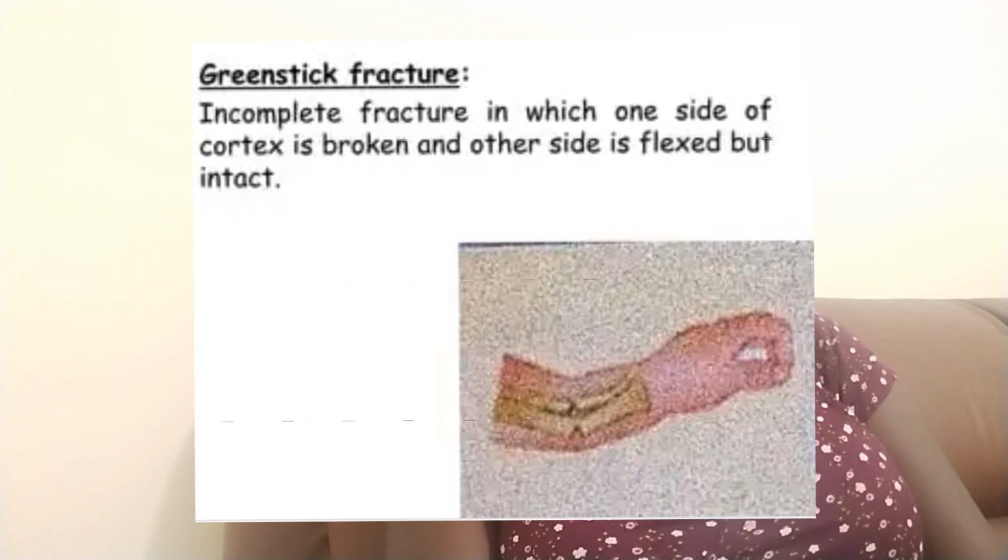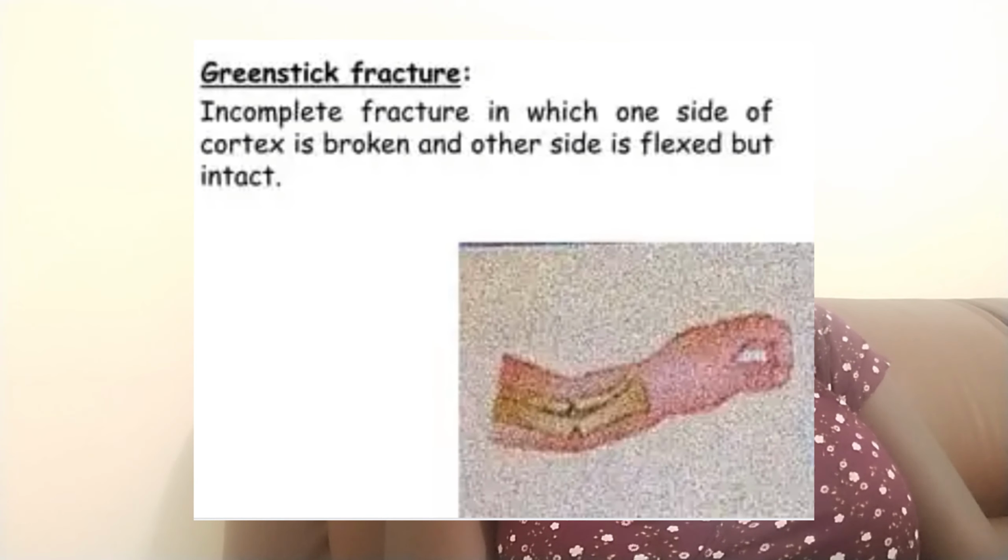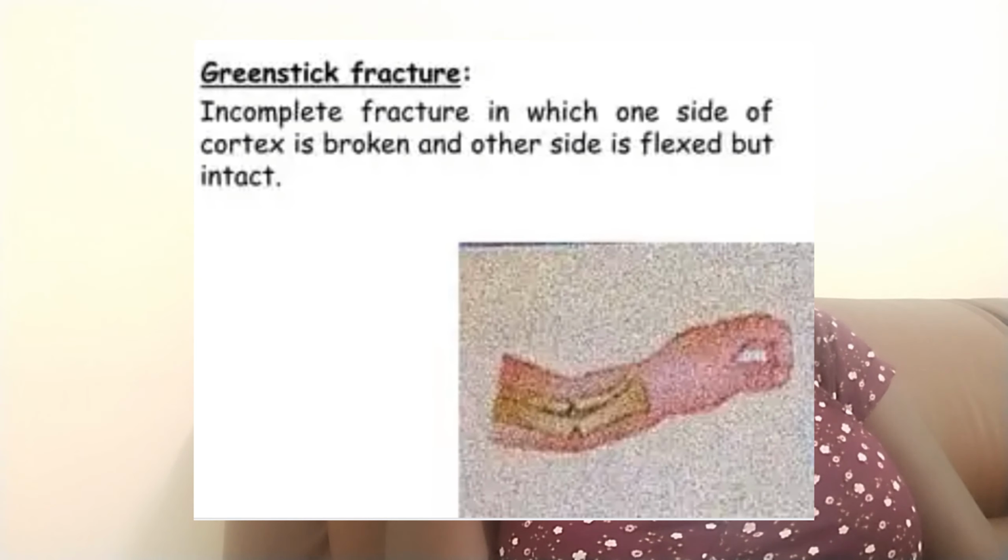We also have compression fractures, which occur in cancellous bones, where the bone is crumpled, like in adults. The cancellous bones are vertebral bodies, calcaneal and tibial plateau.